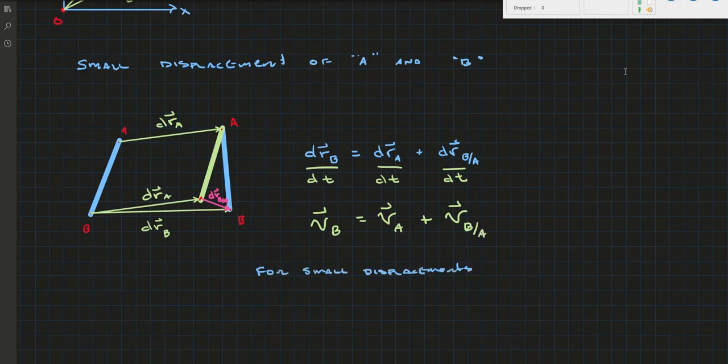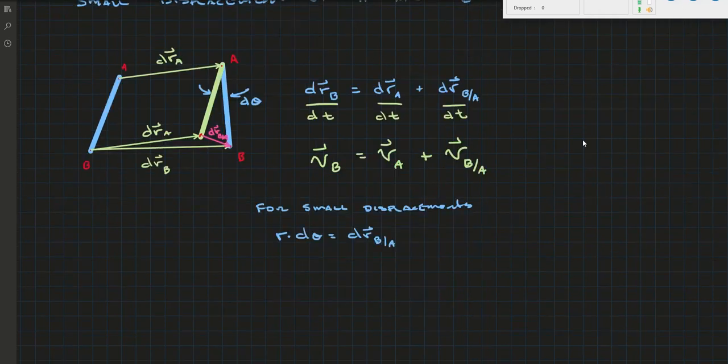So let's play the small displacement game again. We know then that this angle d theta relates to dR of B with respect to A. Rather, this dRB with respect to A resembles the arc length, and the arc length is r times d theta.